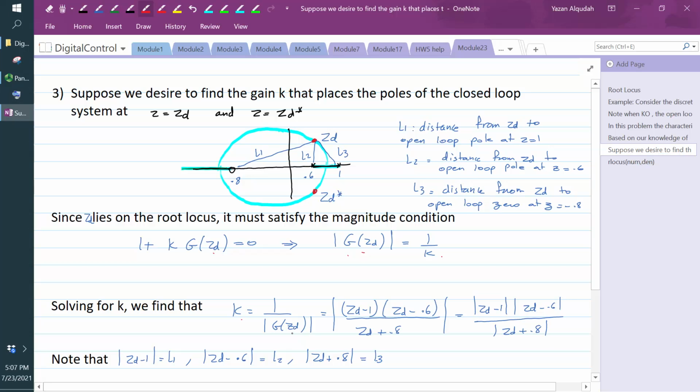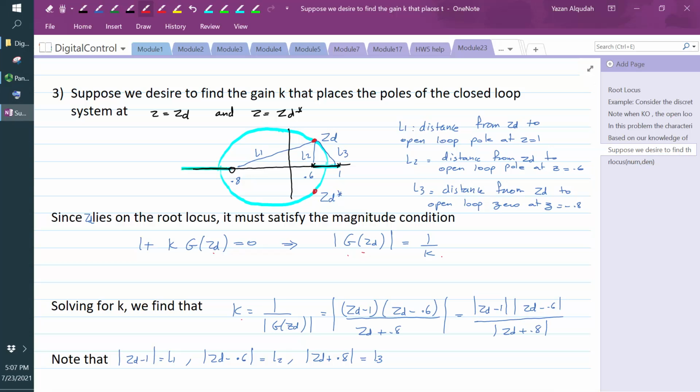And to find that out, we just have to substitute for z with ZD. So if I plug in ZD, I'm going to get ZD minus 1 multiplied by ZD minus 0.6 over ZD plus 0.8. Now, if I look at this, I can go back and look at the graph that I have above.